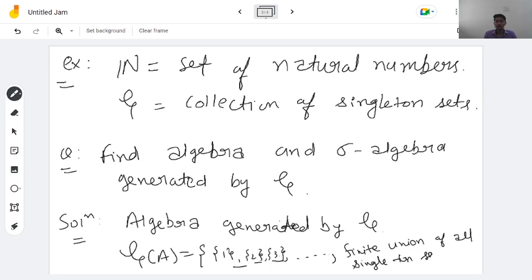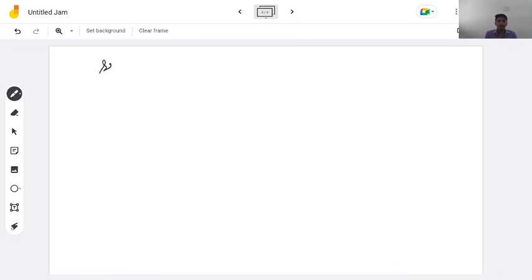Observe one thing, that the set of even numbers does not belong to C of A. Why?